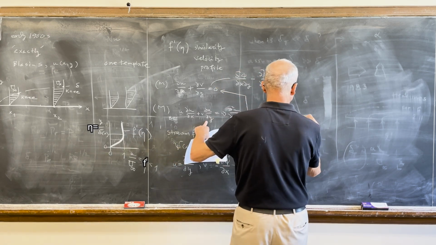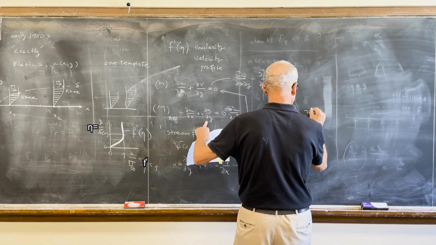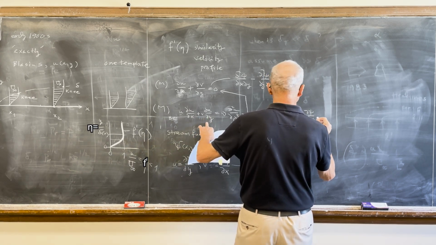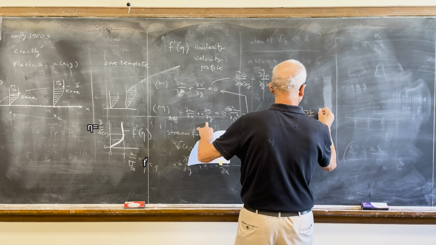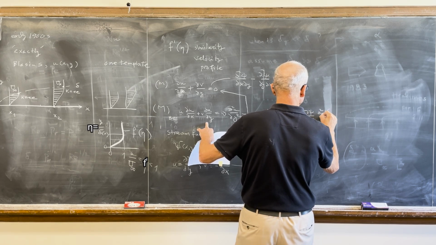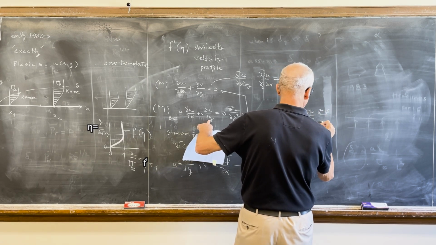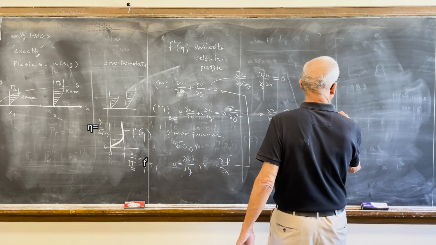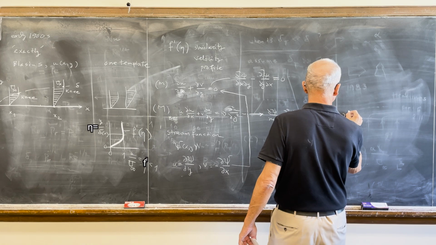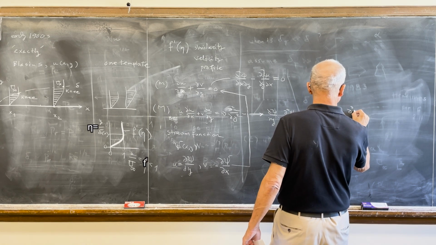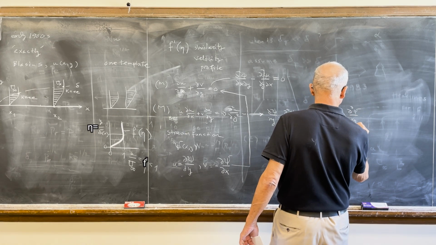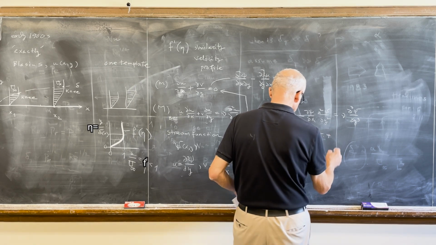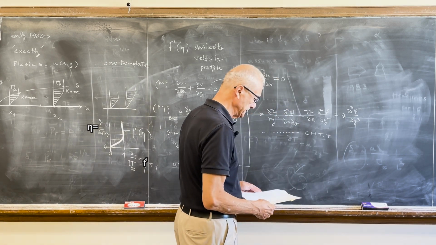And then here you have minus d psi dx for v, and the other one is d2 psi dy2. And on the right side, you get mu, and then d3 psi dy3. Read the textbook, the 4th edition.